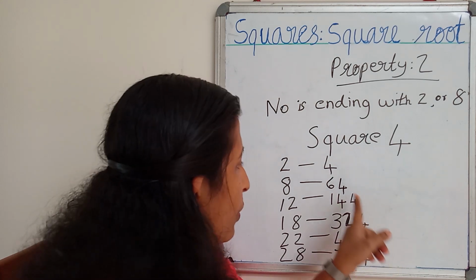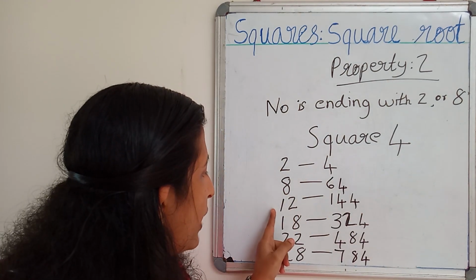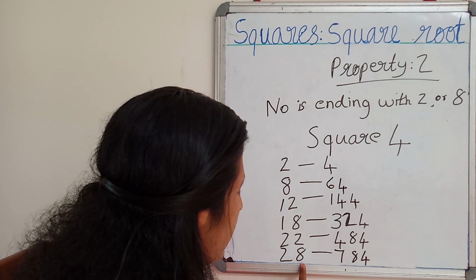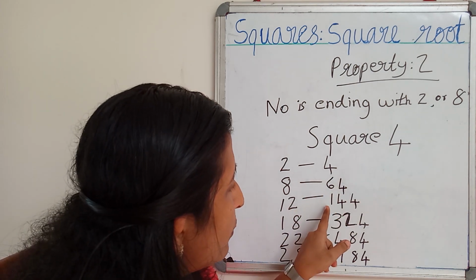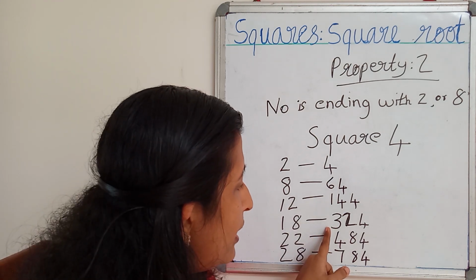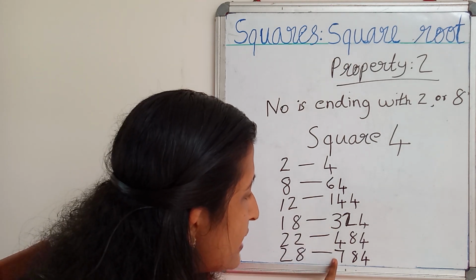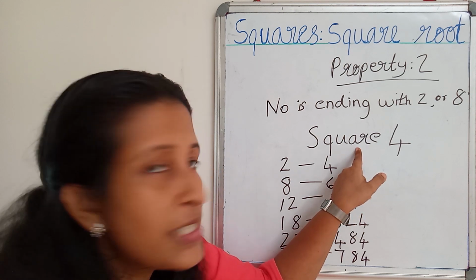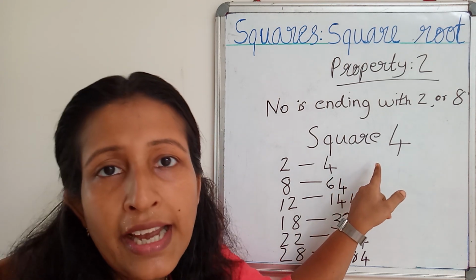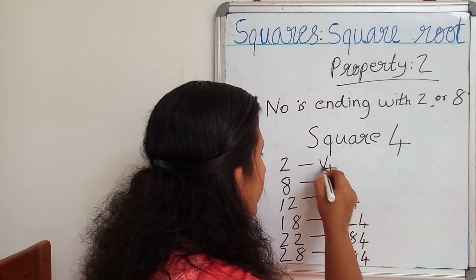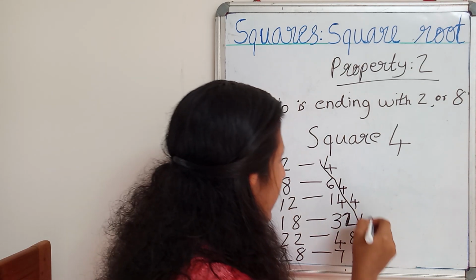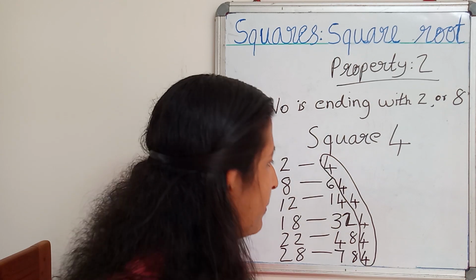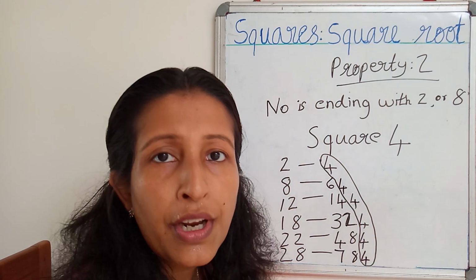See, I have written the squares of 2, 8, 12, 18, 22 and 28. What are the answers? 4, 64, 144, 324, 484 and 784. The rule says that the square number ends with 4. See, these are the numbers lying in the unit place of square numbers and it is 4.